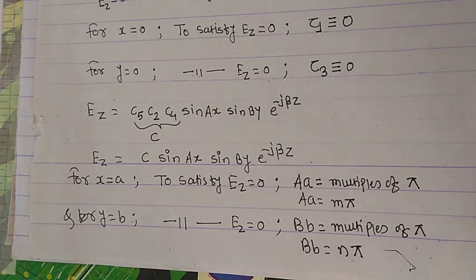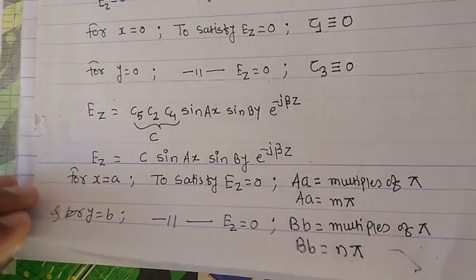So what is the constant? For satisfying these boundary conditions, you said that a should be a multiple of m pi.